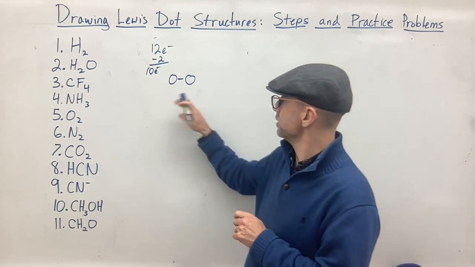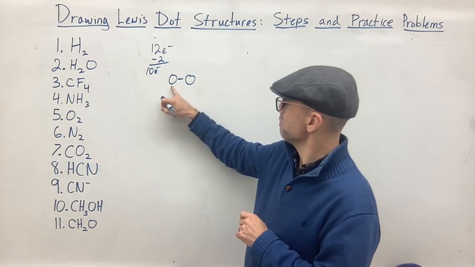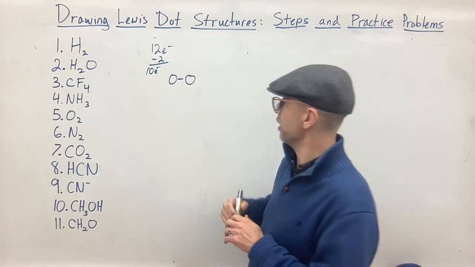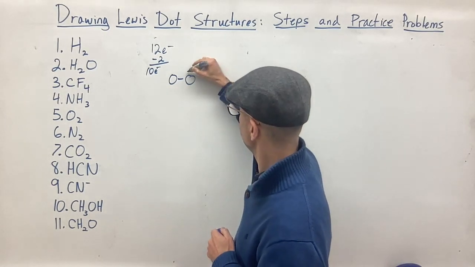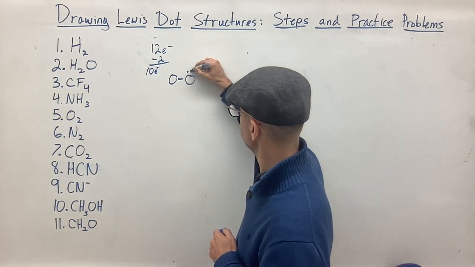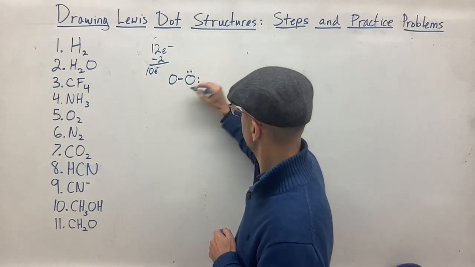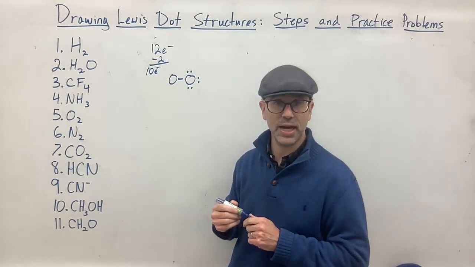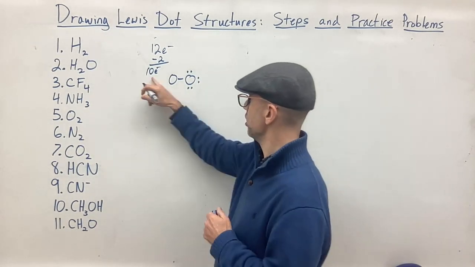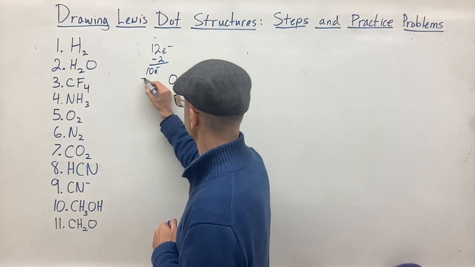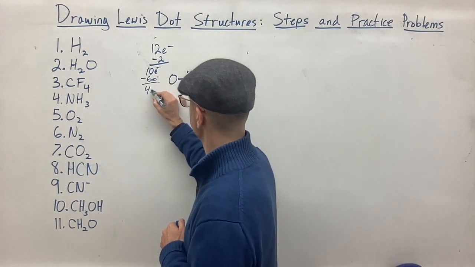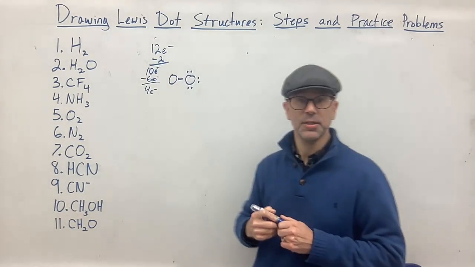I can make this one the central atom, and I can make this one the outer atom, and I can add lone pairs to this one. So I'll have 3 lone pairs there. That's 6 electrons. Subtract that from the 10, and that leaves 4 electrons left.